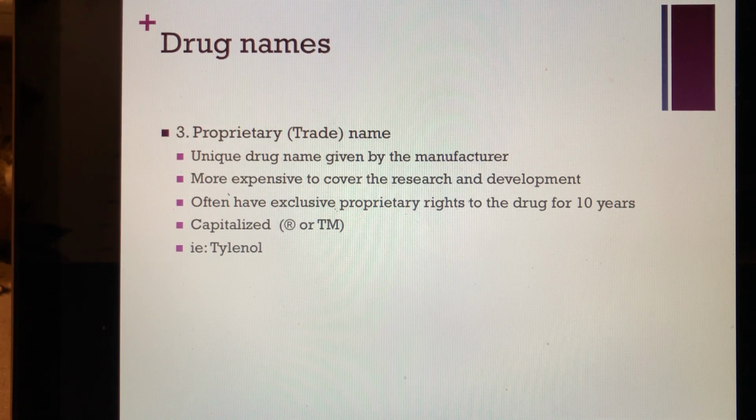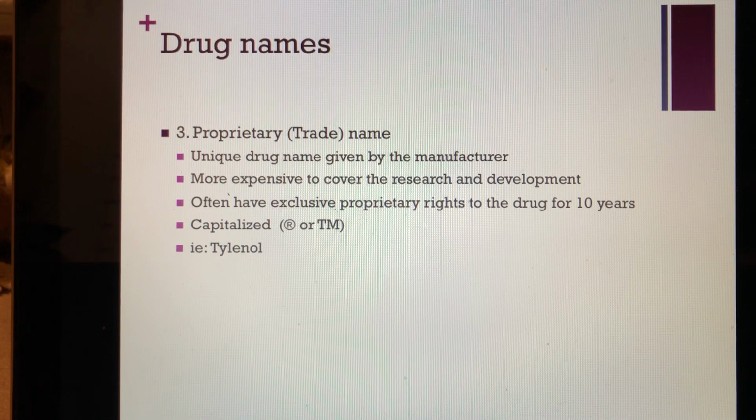The reason for that is that it's super expensive to research and develop new drugs. So it's not just a matter of discovering something and being like, hey, cool, I think this might work, let's sell it. They have to figure out how to make it, and then they have to run a lot of studies proving that the drug is safe, proving that the drug is effective, proving what the correct dosages are to give, how often to give, right?